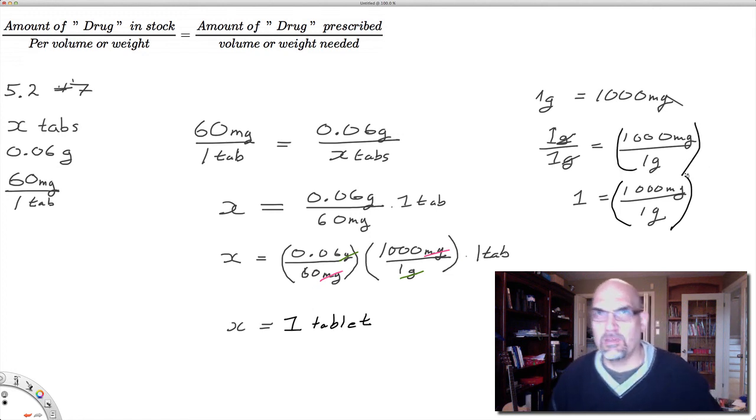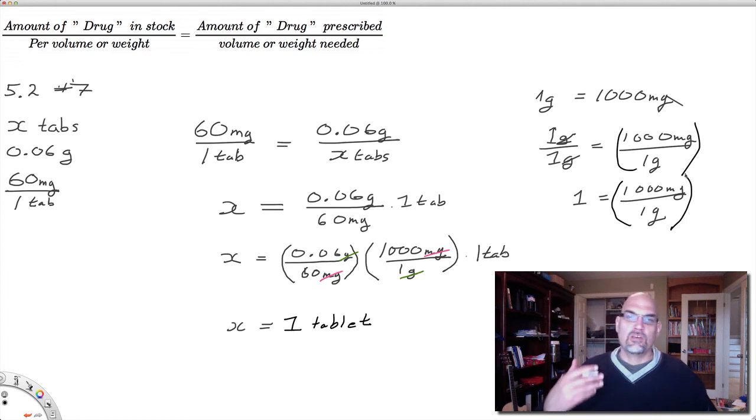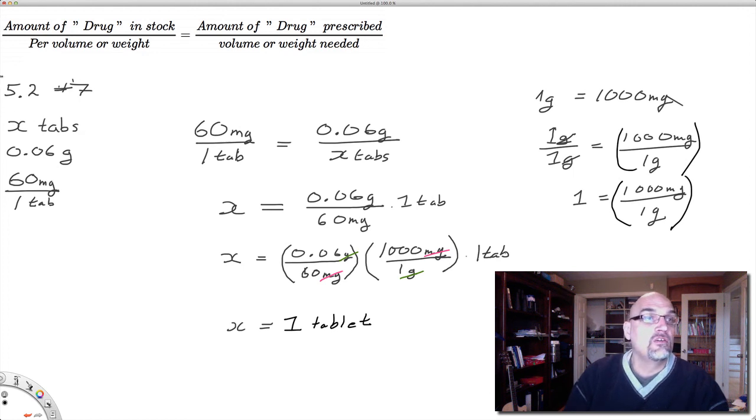You can do the same thing for milliliters and liters and units and milliunits, and you're going to have some questions later on where some of the conversions, especially between units and milliunits and liters and milliliters, are quite complicated. And if you just do it like this, it's much easier to keep track of them and keep them all sorted out.